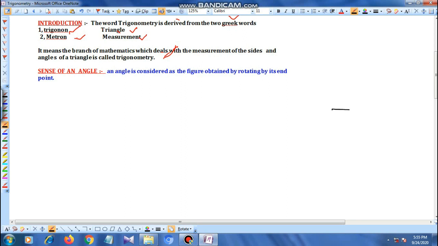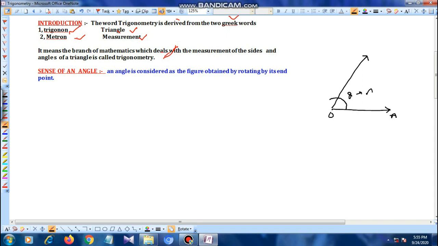Suppose this is the initial line OA and this initial line will rotate anti-clockwise by theta. Then this rotation is called angle.